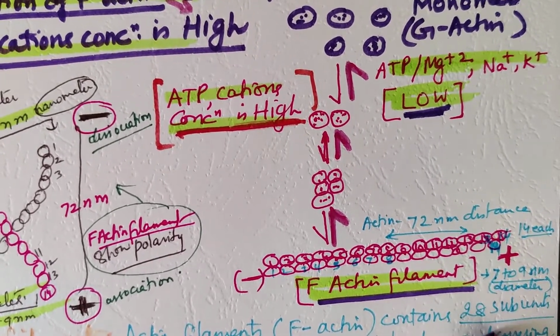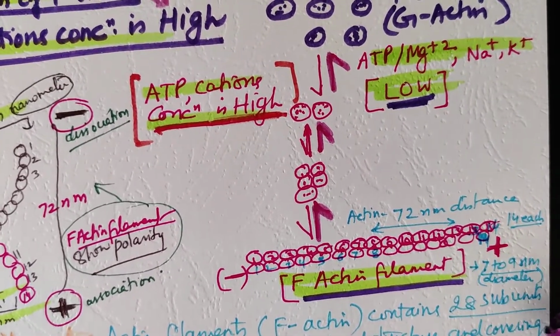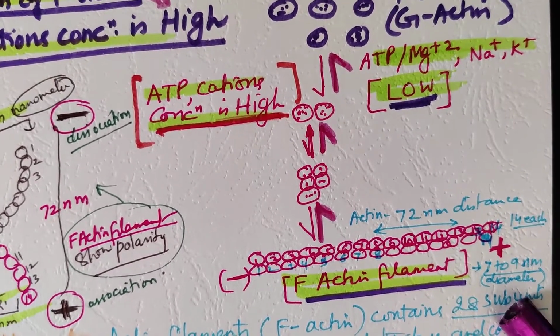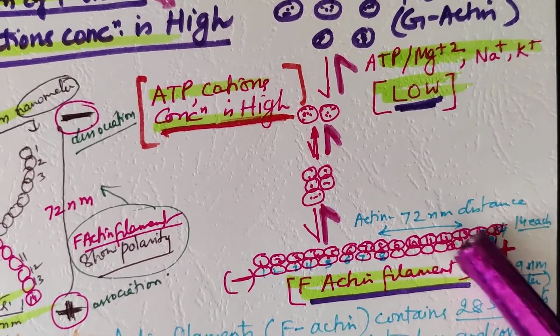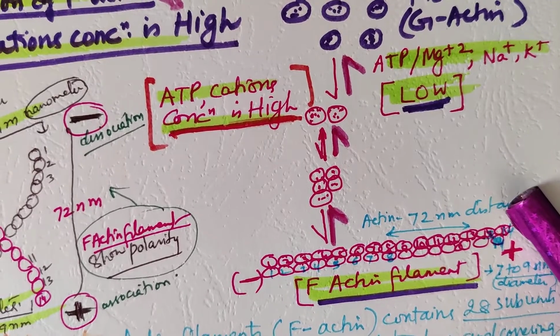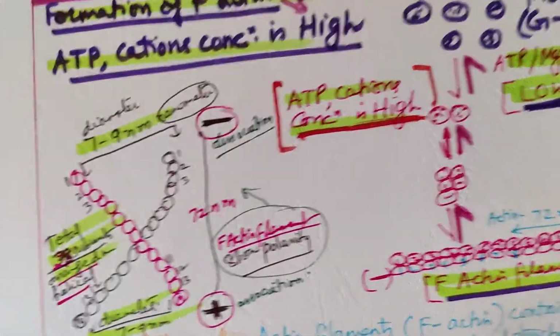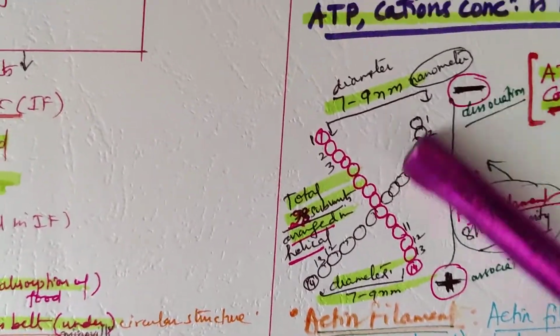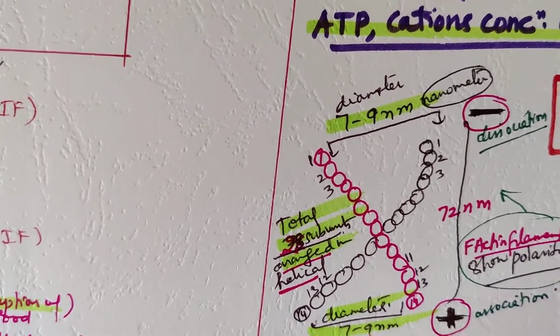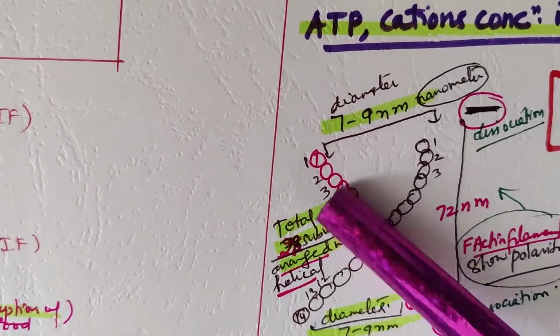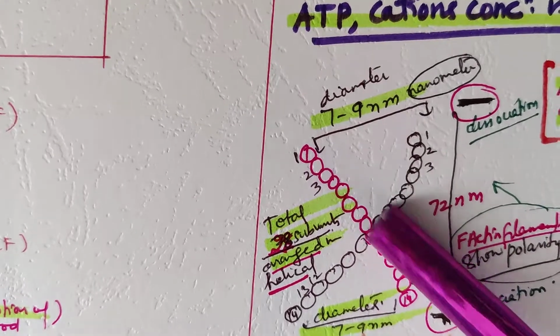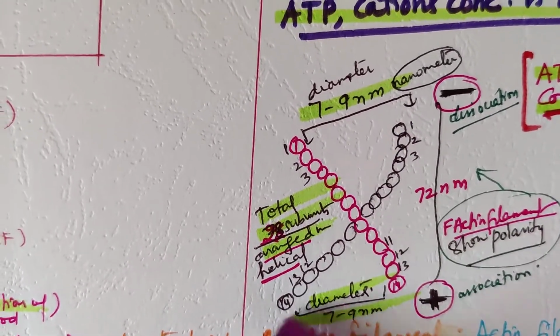The F-actin filament is 7 to 9 nm in diameter, and the repeat is 72 nm, the distance from here to here. Now look at this diagram. Here this is the structure. This is 14 monomers and this is also 14 monomers.